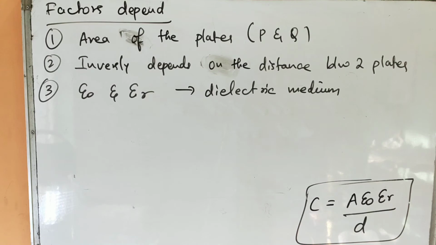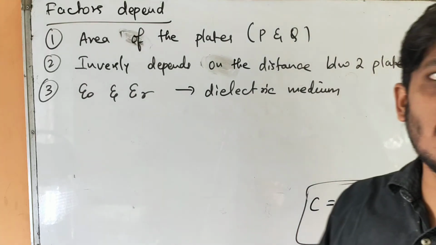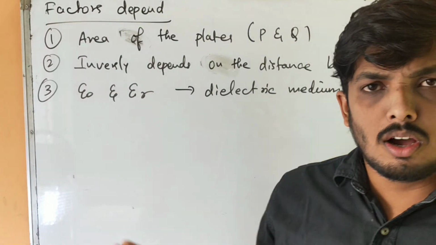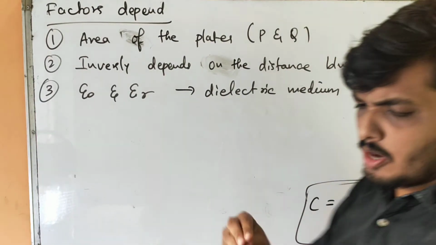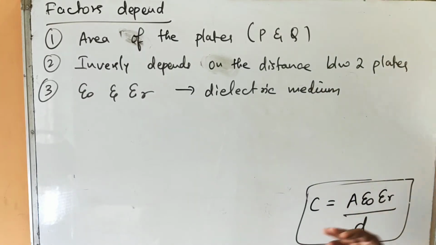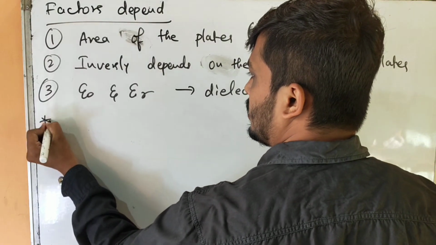Clear? Usually we prefer a material with a large dielectric constant. Any material having a very low dielectric constant would not be preferable for the capacitor. Clear?